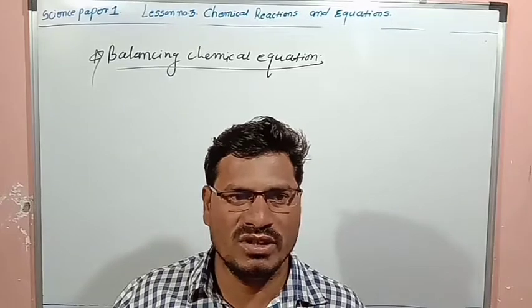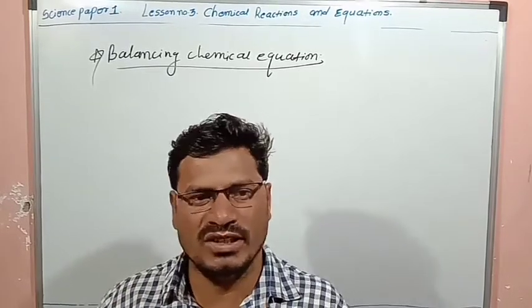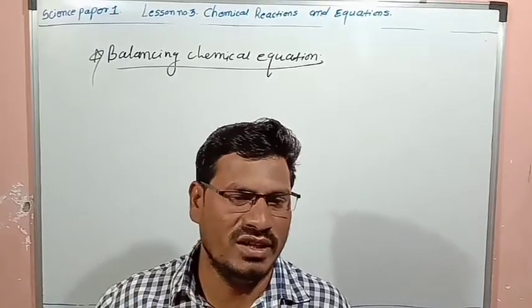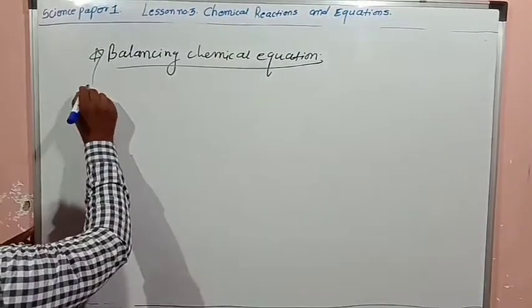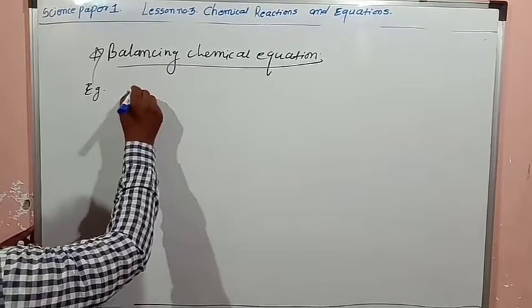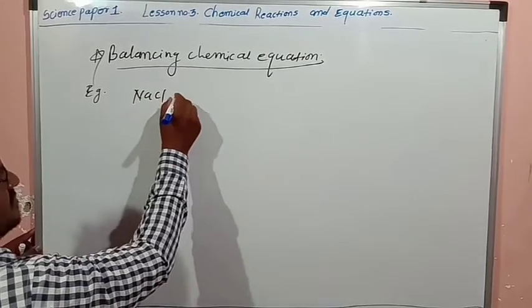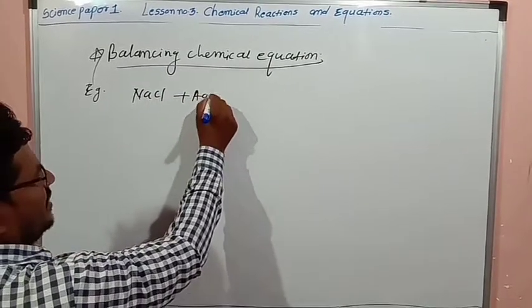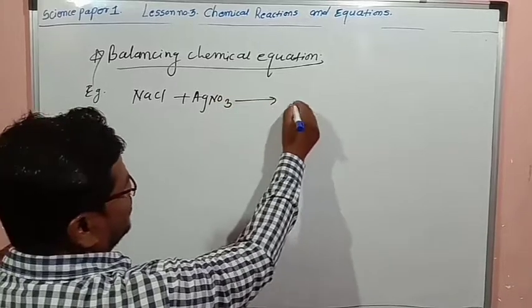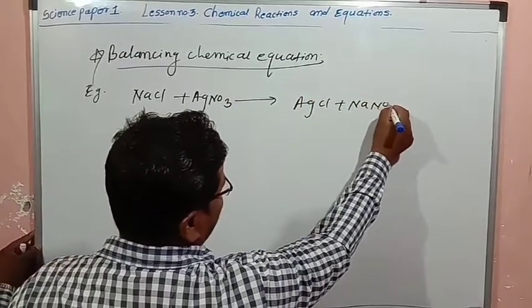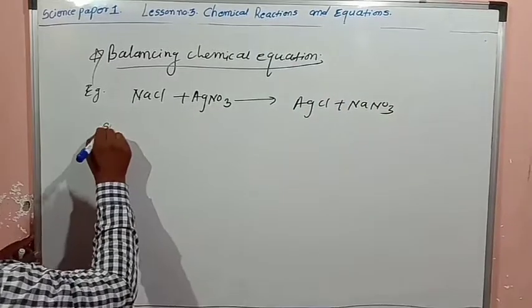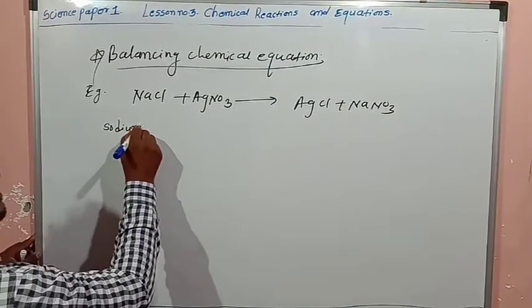Before this also we have taken NaCl plus AgNO3, it gives AgCl plus NaNO3. So one example is NaCl plus AgNO3, it gives AgCl plus NaNO3. The name of this one is sodium chloride.